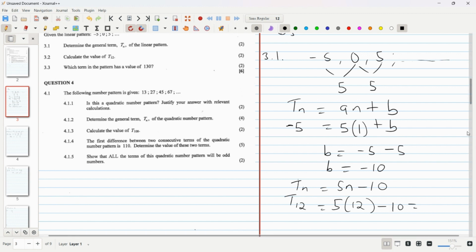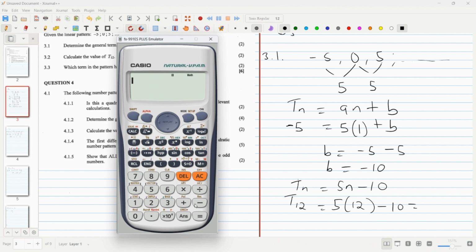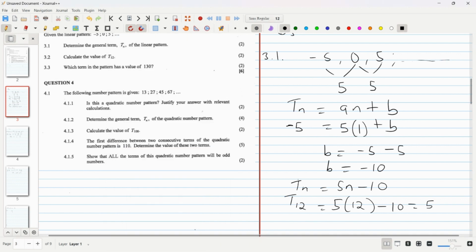So this we can compute using our calculator. 5 times 12 minus 10 is 50. So it means that the value of T12 will be 50.